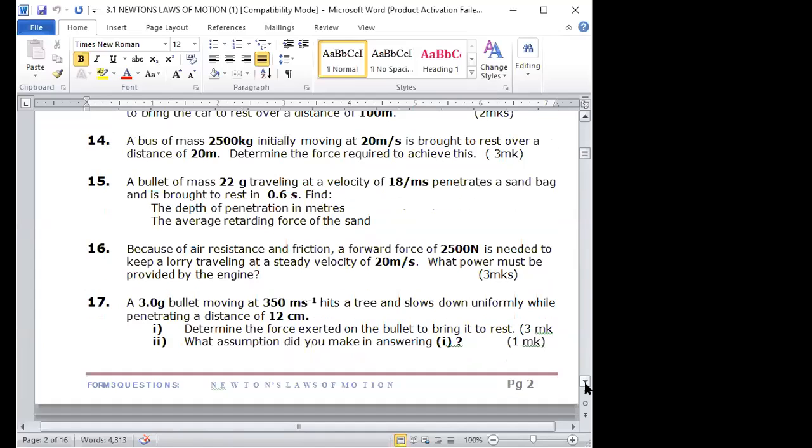We are starting with question number 15. Work out question 15. Once you are through, raise up your hand.